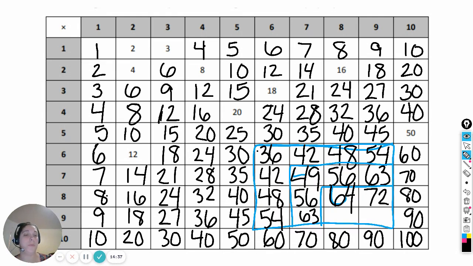And then our last one would be 80. Then we're going to follow the 8 down the other way, after 64 is 72.